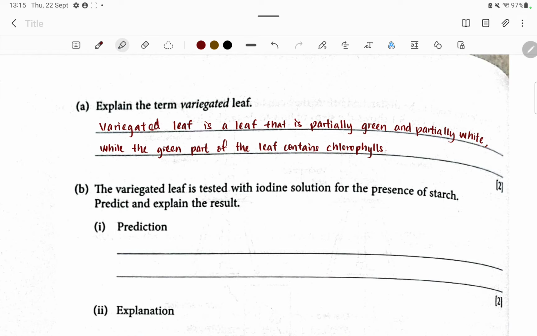So partially green and partially white is one mark, and the other one, green part contains chlorophylls, is your second mark.